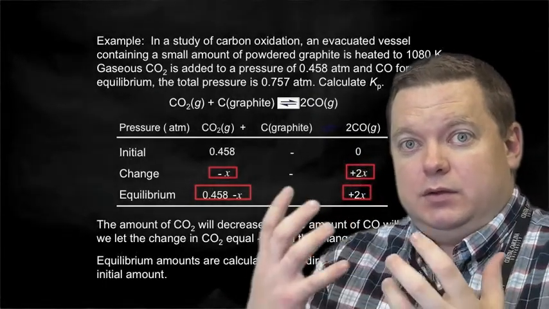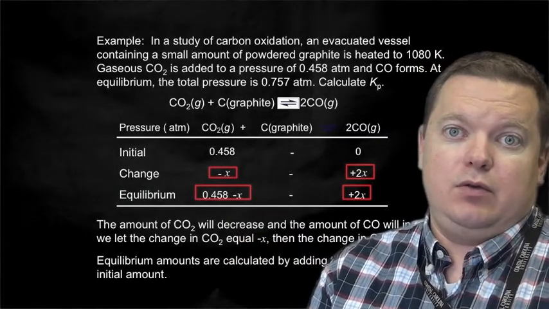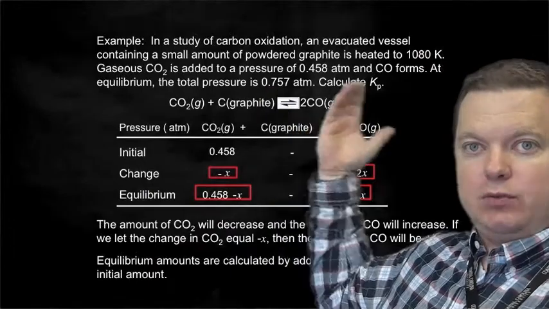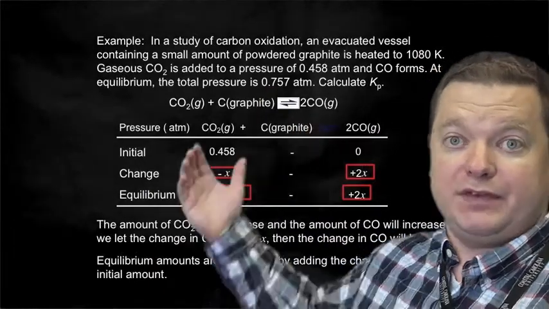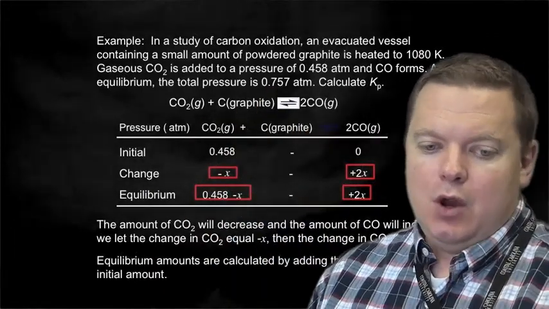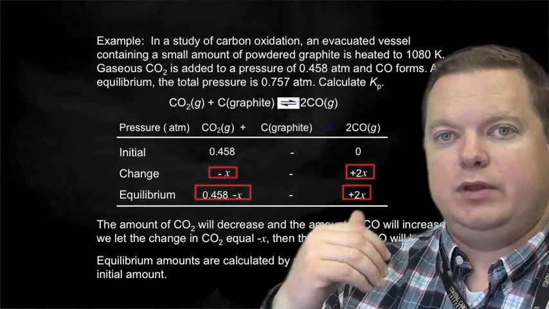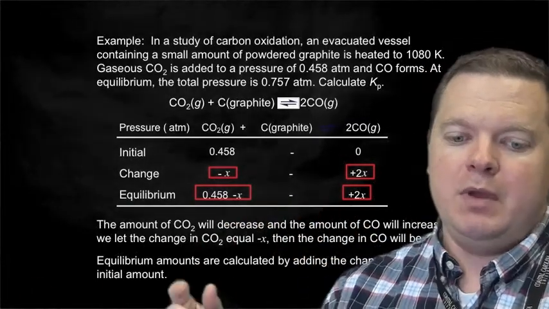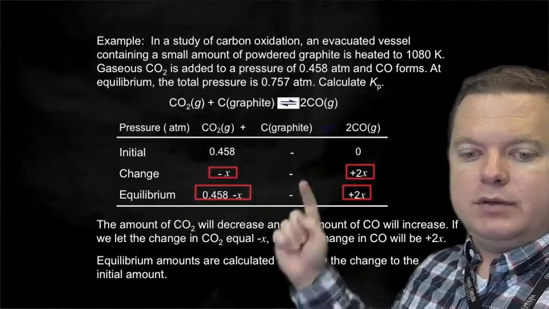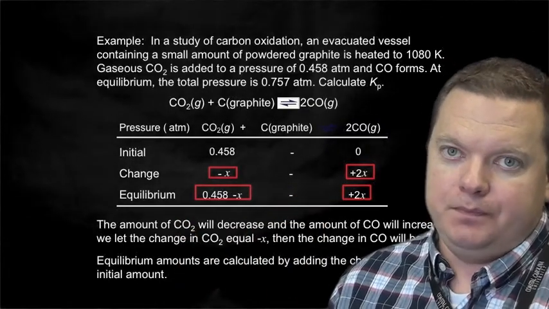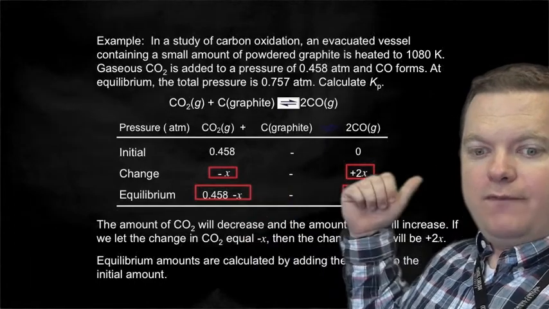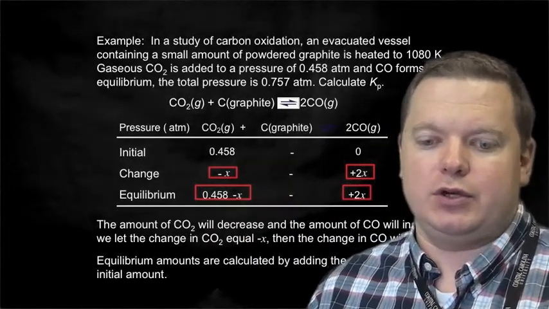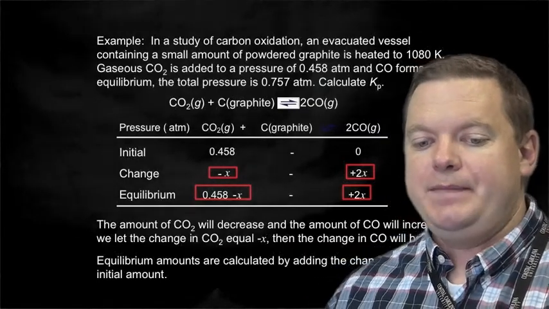So if we look at this, we have no products, so we're going to move in this direction. In this case, we're going to form products. So as the change that's going to occur as we move from where we start to equilibrium, we're going to lose some amount of carbon dioxide, and we're going to form that same amount times the stoichiometric coefficients of products.